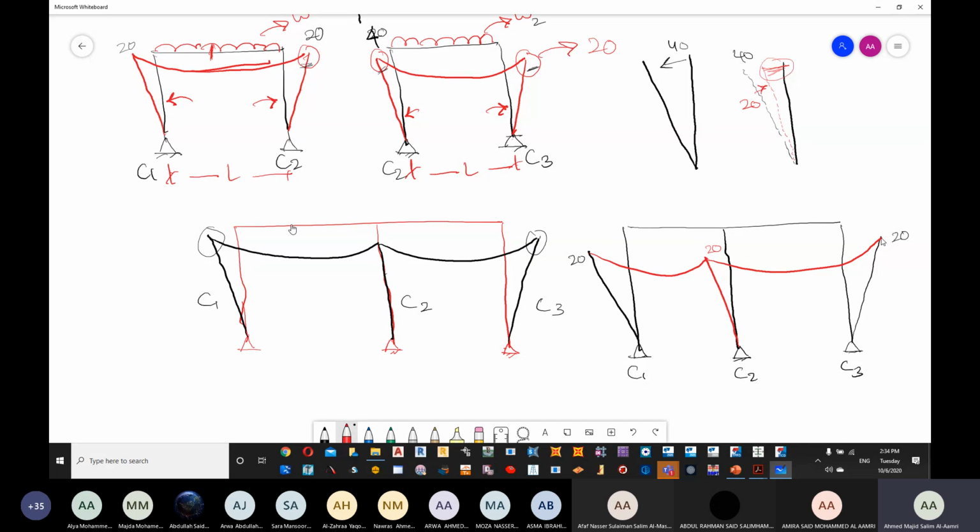What's not clear? Mister, when you deducted the 20 from the 40, can you please repeat that point again? This 20, is it going right or left?